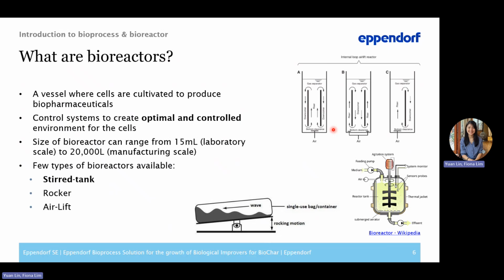And there is also the airlift version, whereby there is no impeller. So the circulation is really dependent on the way the gases actually move up and down within the airlift bioreactor. But in Eppendorf, the type of bioreactor that we do supply is the stirred tank version over here.